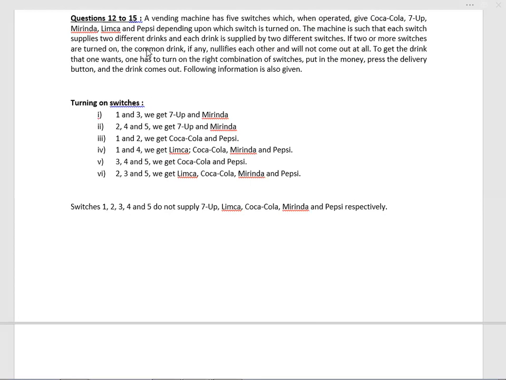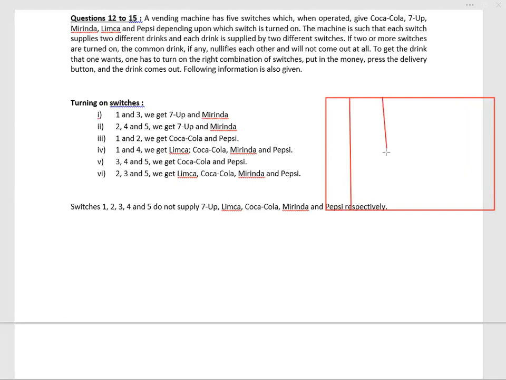So first of all, what I have, if I make a small table like this, about drinks and switches: 1, 2, 3.